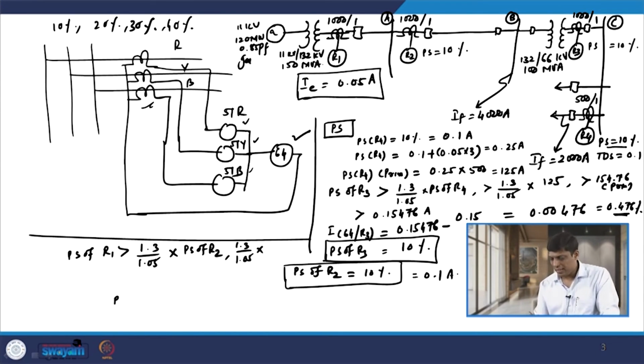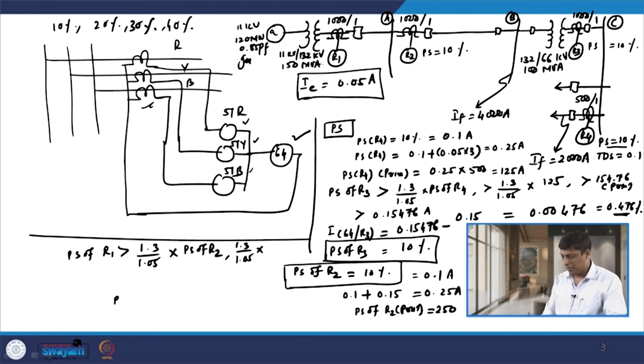If I add again the CT excitation current 0.15, then it becomes 0.25 ampere on the secondary side. If I transfer this current to the primary side, then the plug setting of R2 for the primary side is equal to 0.25 into 1000 ampere, that is 250 ampere primary side.